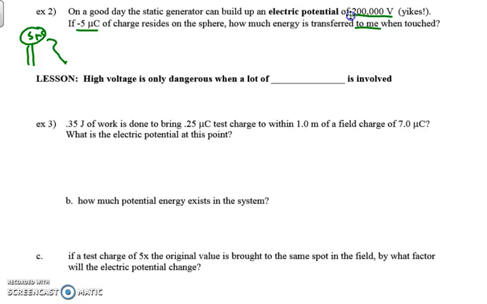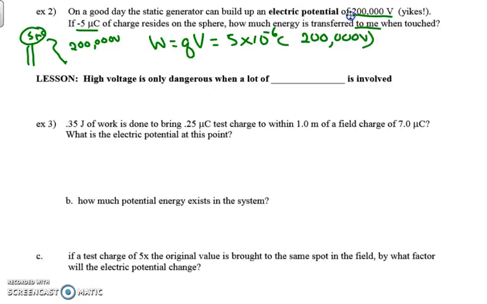They're going to transfer across a 200,000 volt potential. So the energy acquired by me, I'll just call it W, is nothing more than QV. And my Q is 5 times 10 to the negative 6 coulombs, not a whole lot, but certainly more than an electron, times 200,000 volts. And multiply that out, and I get a whopping 1.0 joules.